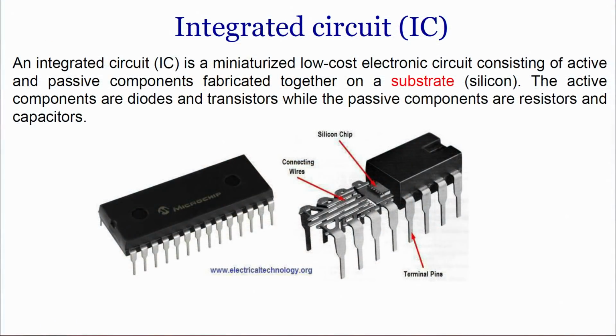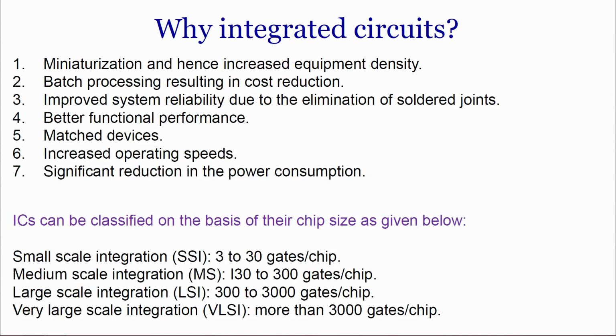All right. We talked about integrated circuits, and an integrated circuit is nothing but a miniaturized low cost electronic circuit consisting of active and passive components, built on a substrate which is silicon. When you open an IC, you will see a silicon chip within the integrated circuit. Then we talked about why integrated circuits, and we could easily see why.